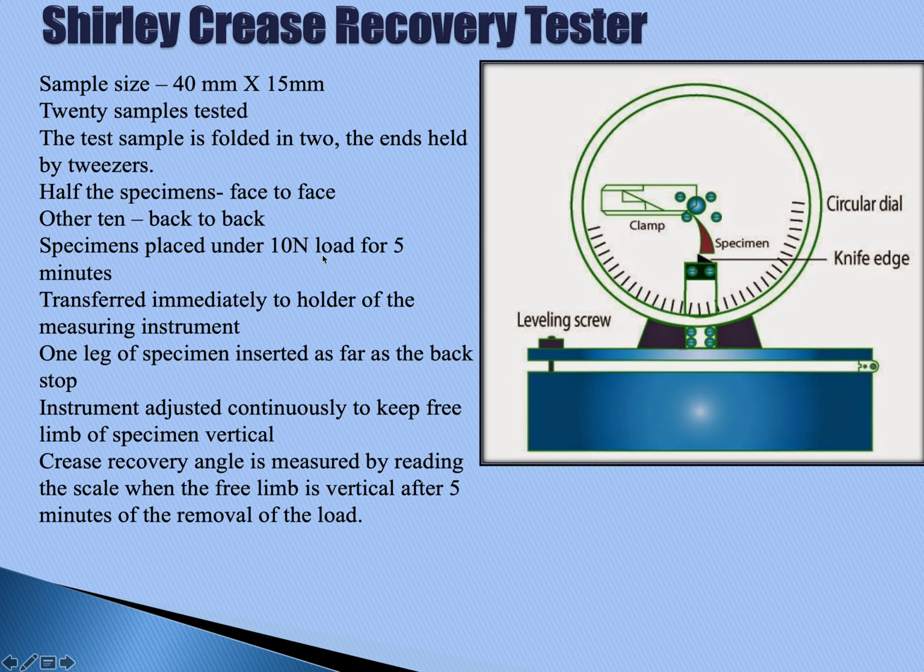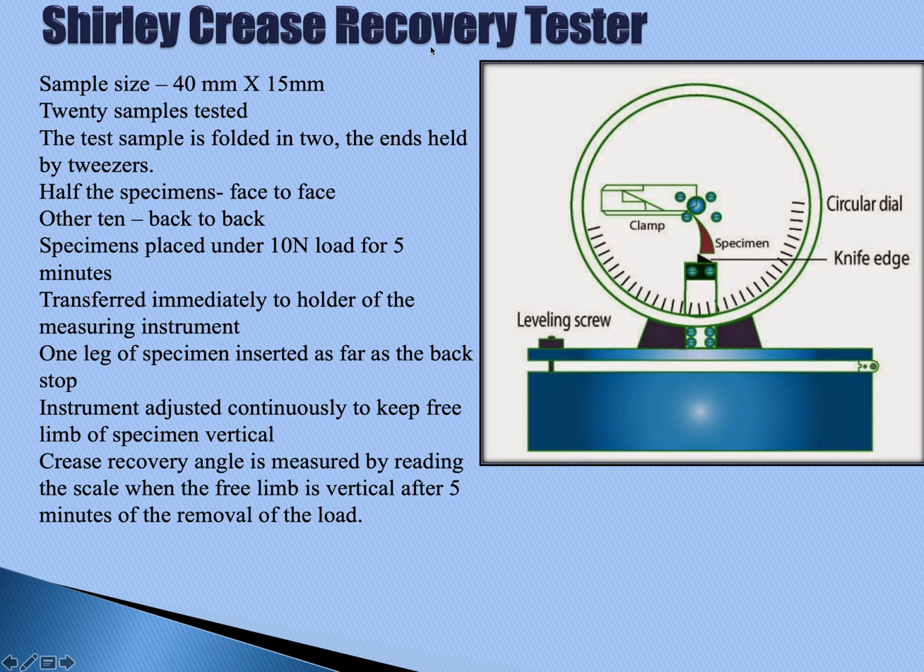Generally 10 newtons of load is used to pressurize that fabric, and it is kept under that load for a duration of 5 minutes. So half the specimens are folded face to face and the other half are back to back.